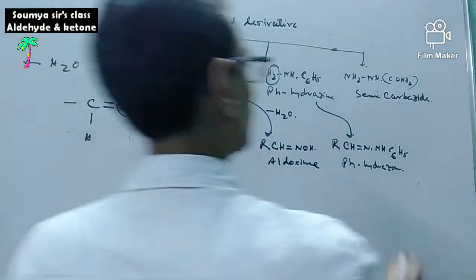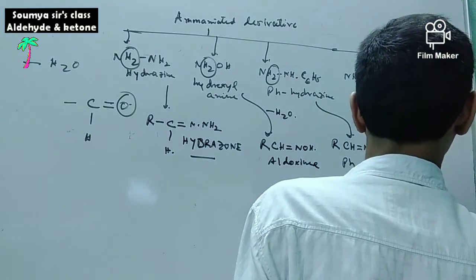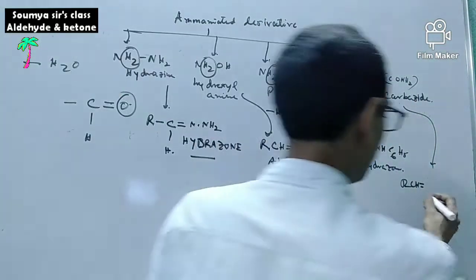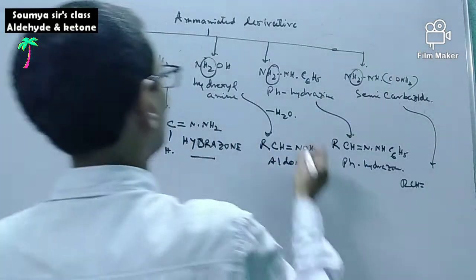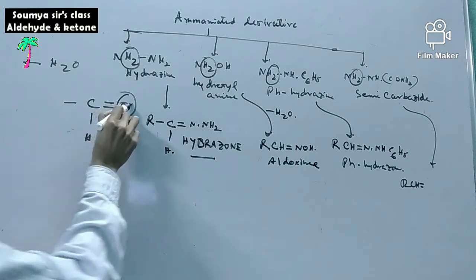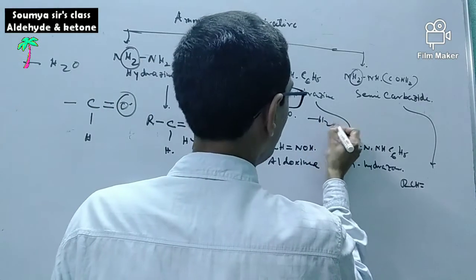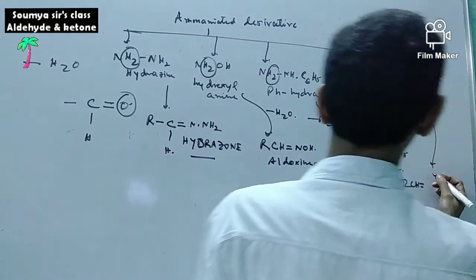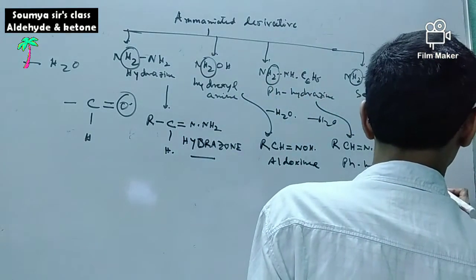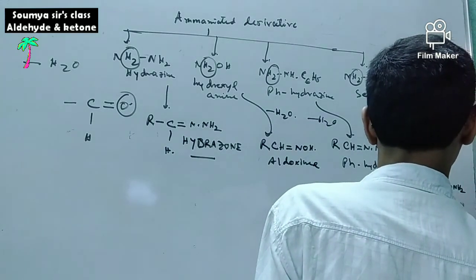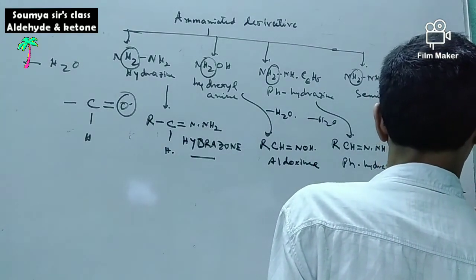And the last one is RCH double bond, the H2 part combines with the aldehyde oxygen to form water, so all are water-leaving reactions, and here it forms semicarbazone, N.NH-CONH2. It is called semicarbazone.